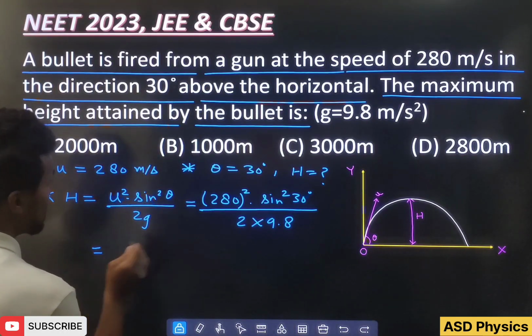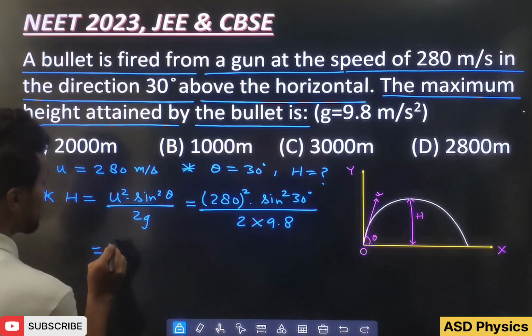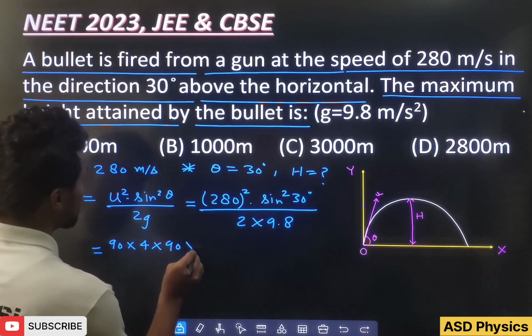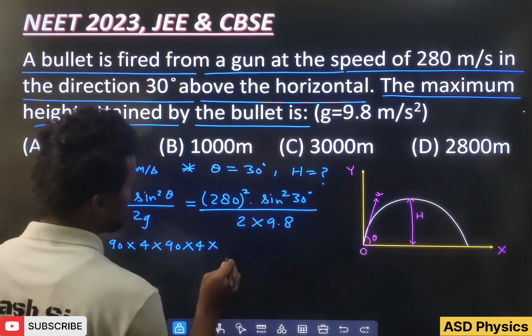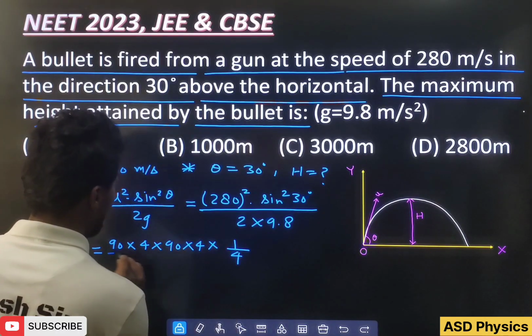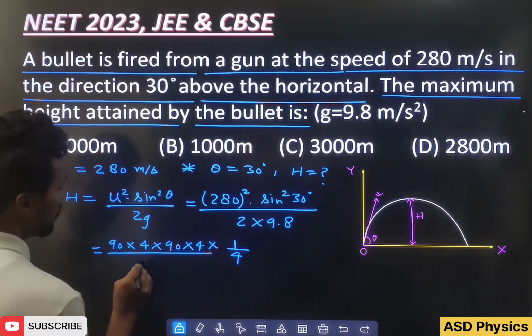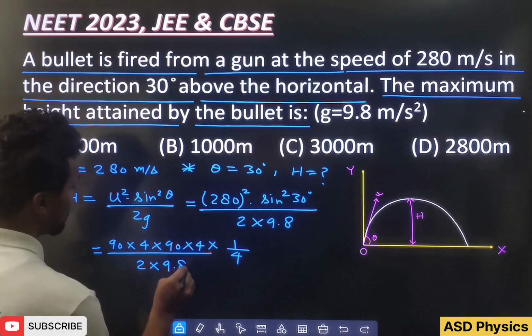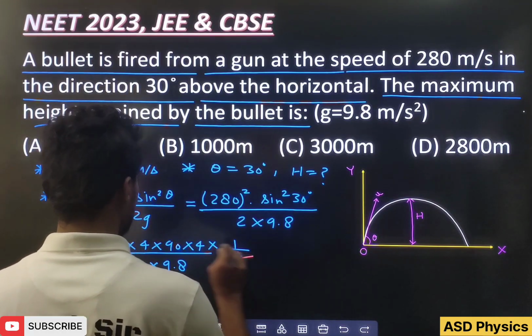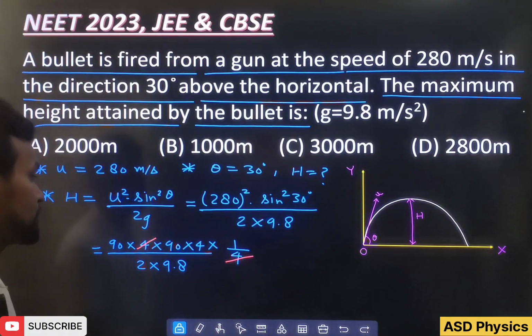After that, 280 square, I can write here as 70 into 4, and here also 70 into 4, and sin square 30 degree becomes 1 by 4, and here 2 into 9.8. So kindly see very well, this 4 and this 4 will cancel out.